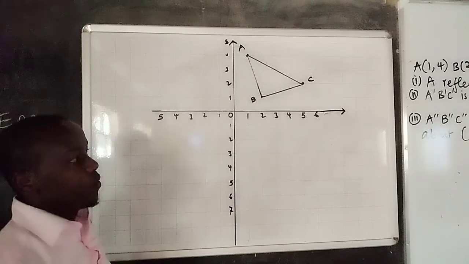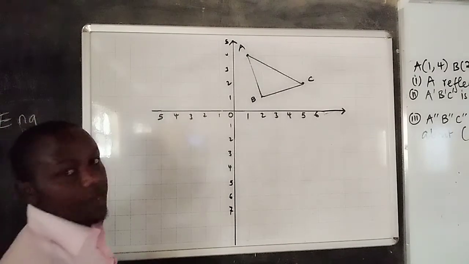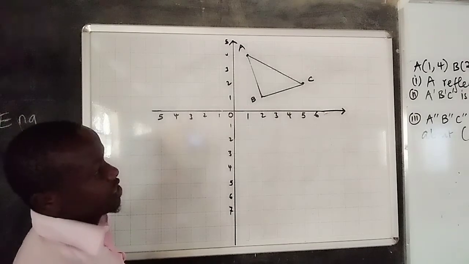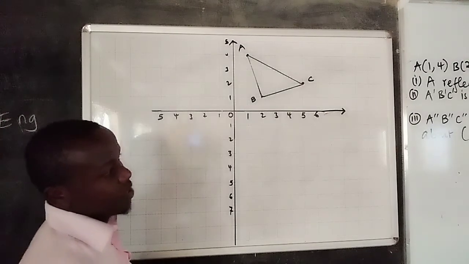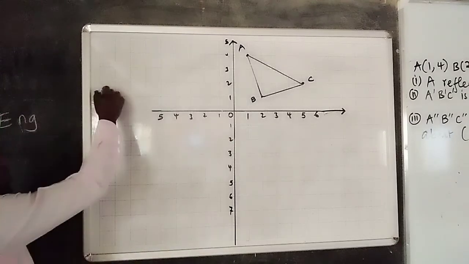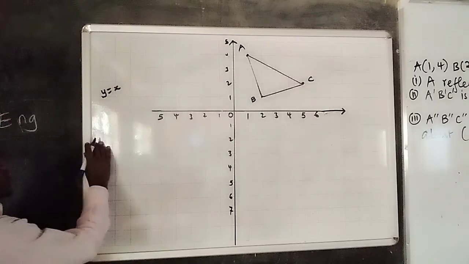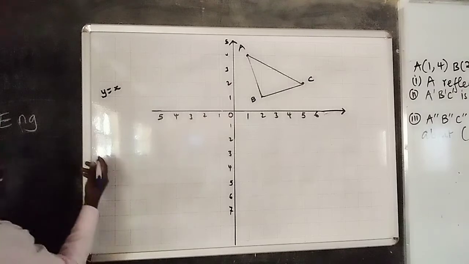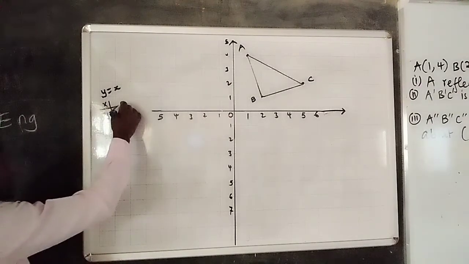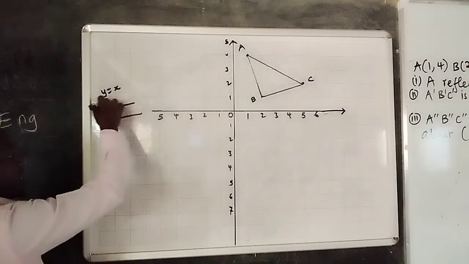Now we want to see the transformations. The first one is a reflection along the line y is equal to x. It's a simple line, and the line is this one. We can come up with coordinates of x and y to get the straight line.